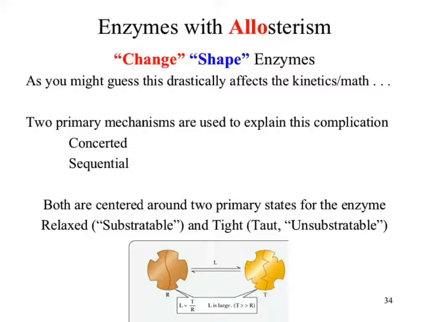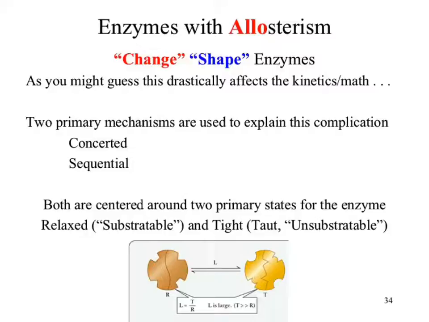We could call that U. And of course, we decided to not call it U, we decided to call it T for taut. Because when I think unsubstratable, I think taut. Maybe it's German, I don't know. So the form of the enzyme that does not bind substrate is referred to as the tight or taut version of it, which does get simplified all the way down to T.